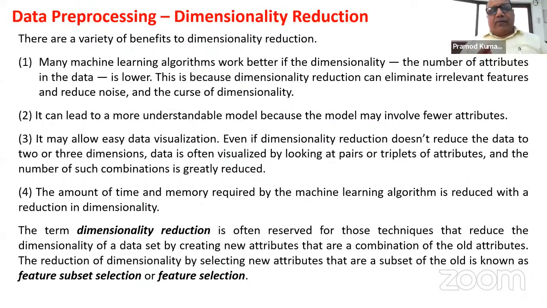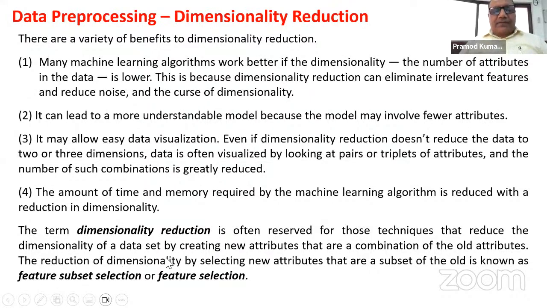Because if you remember what we discussed in the feature extraction, we basically combine the features by using mathematical models so that the features are reduced. That is the feature extraction, and that is what a few books write as dimensionality reduction. But here, when I say dimensionality reduction, I mean it in a general sense.